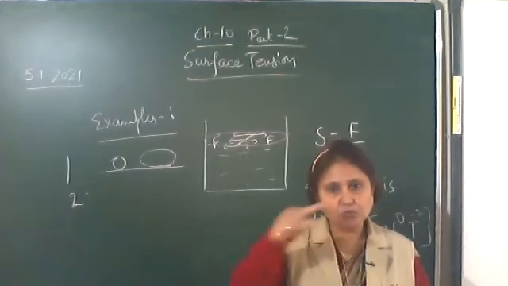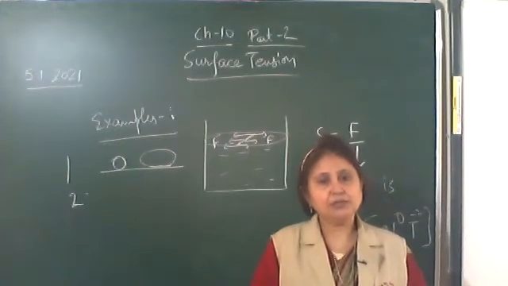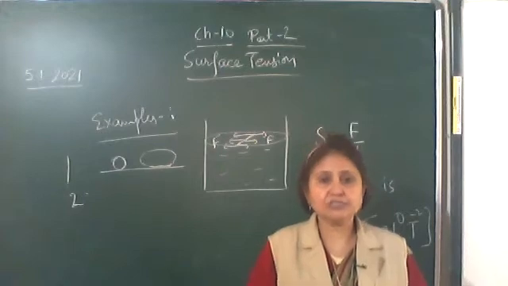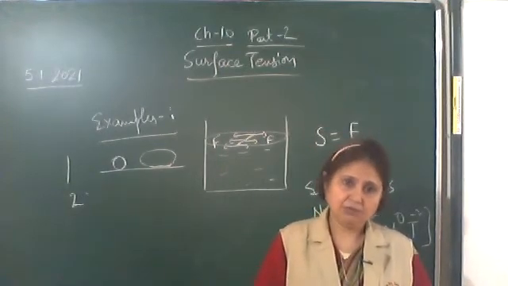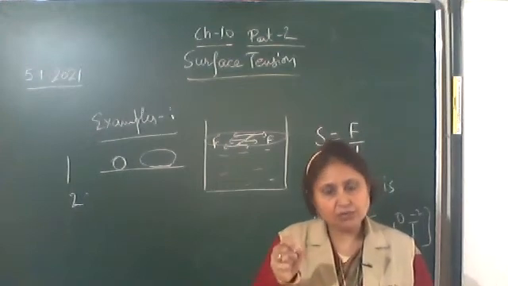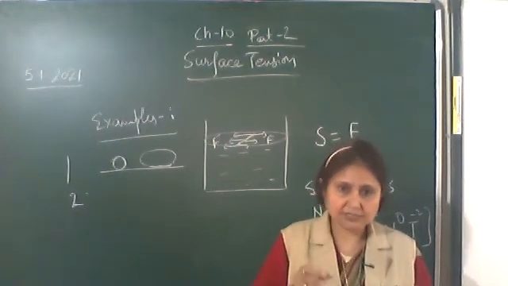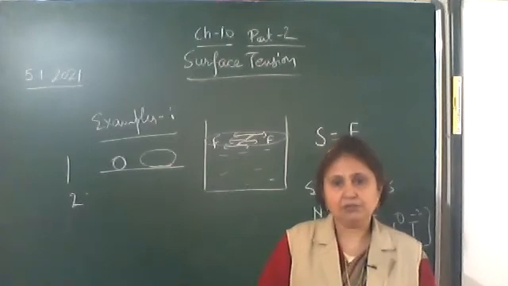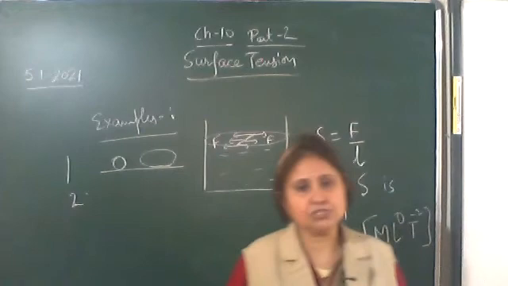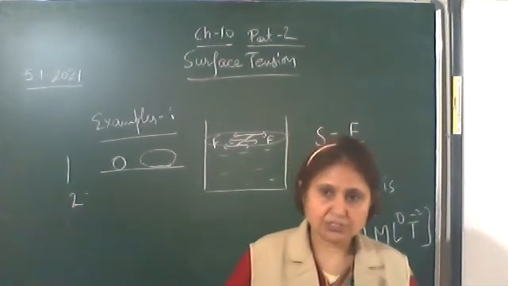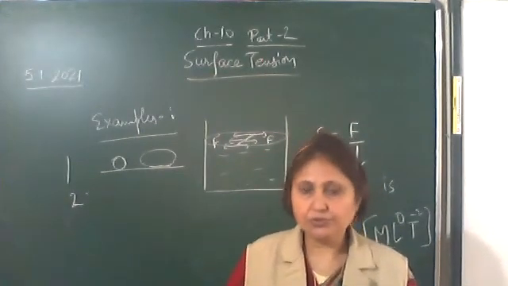Why? Because a water film is formed on it, and this water film will try to acquire a minimum surface area. That is why all the hairs stick together, whereas inside the water the hairs are separated from each other. You must have observed this. This is also due to surface tension.